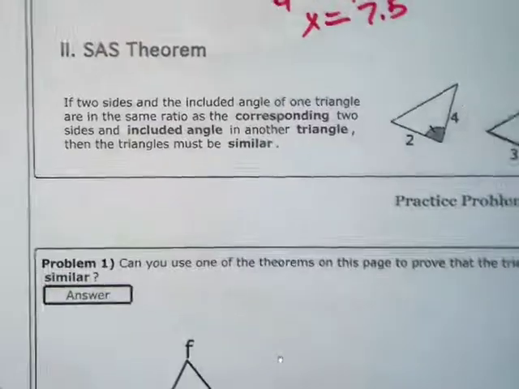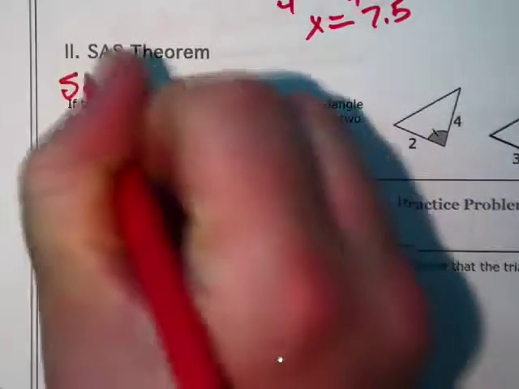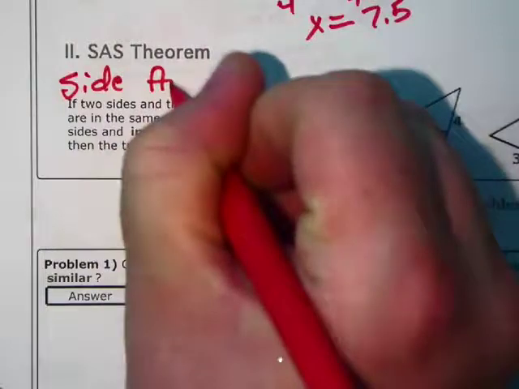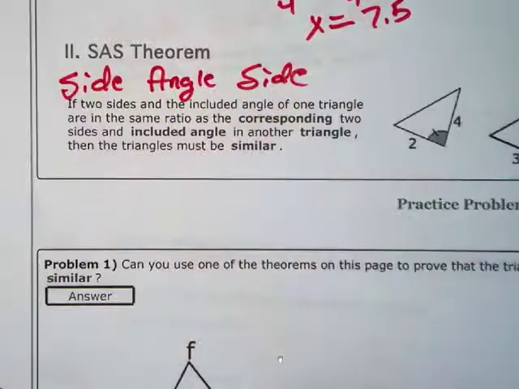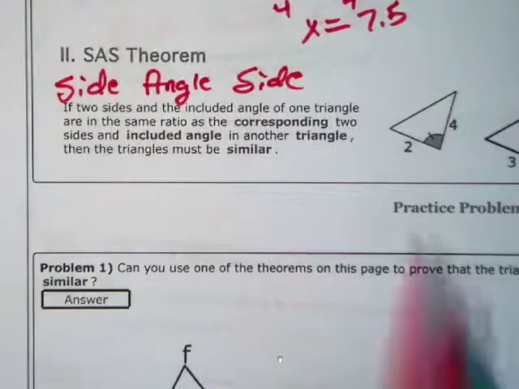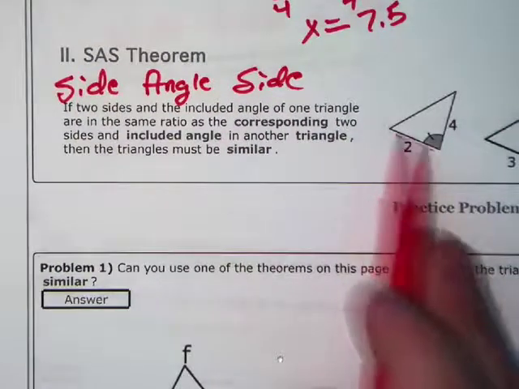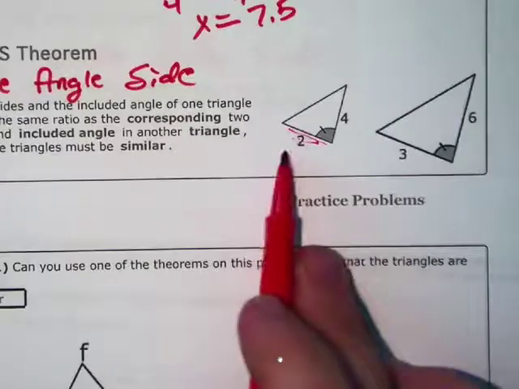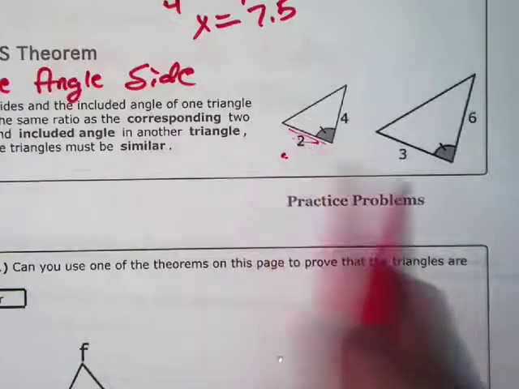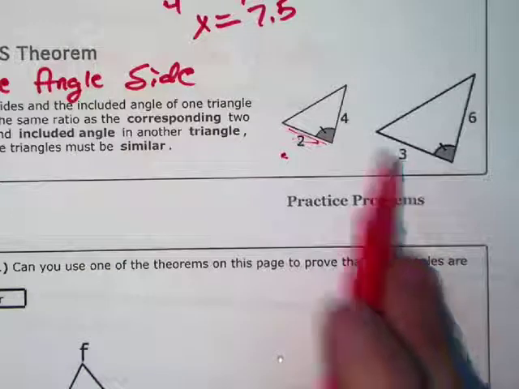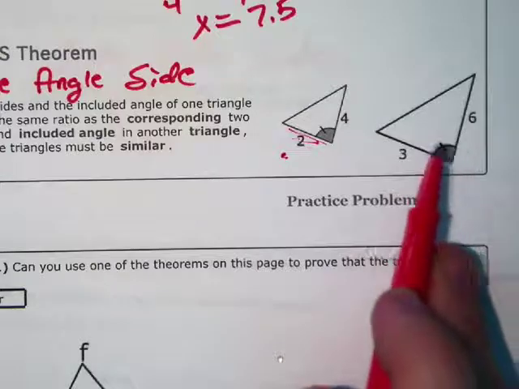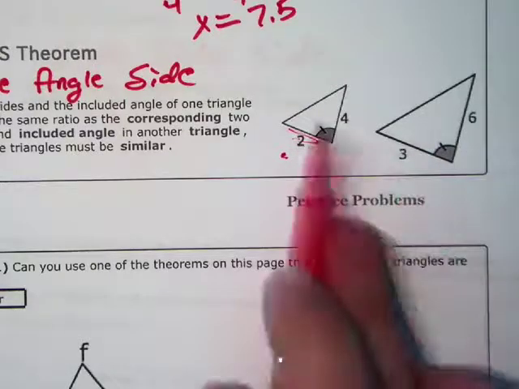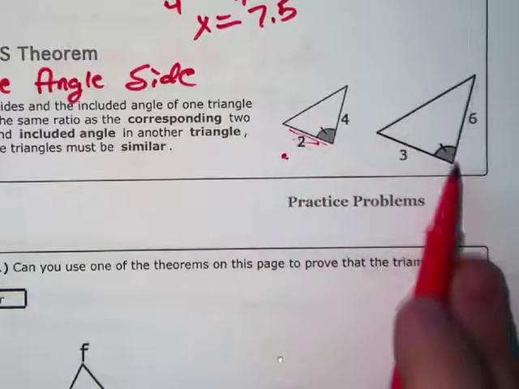Now let's go up to the last one. That would be side, angle, side. Okay, so what that's trying to say is if this side and that side are proportional, and we have an angle here that's the same angle as that, congruent, and this side are proportional, then that means the two triangles are similar.